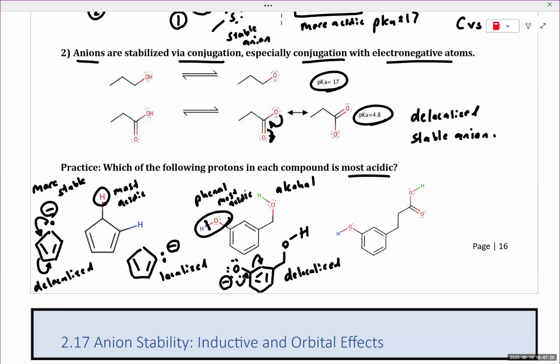I'd like you to take what we've learned from these prior two examples and apply it to this next problem, keeping in mind that anions are especially stable if they're conjugated to electronegative atoms. So take a few moments to work on that, and then we'll discuss.